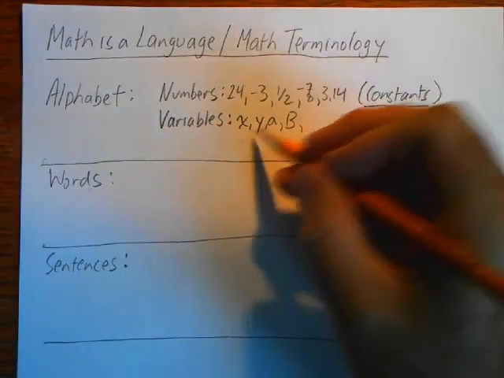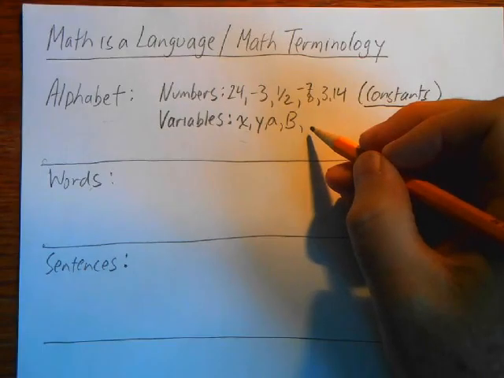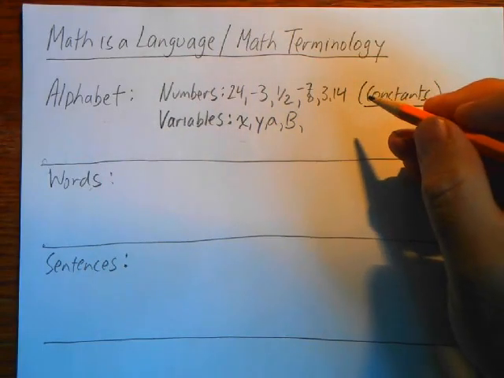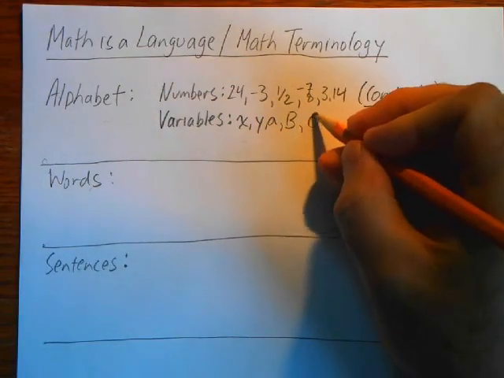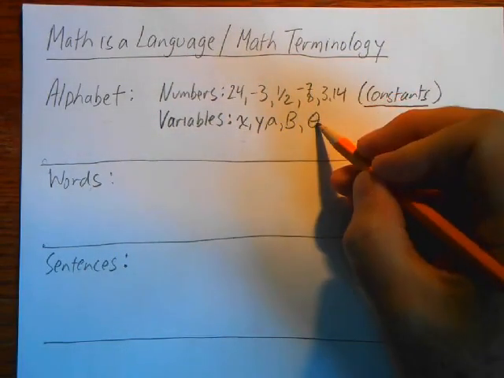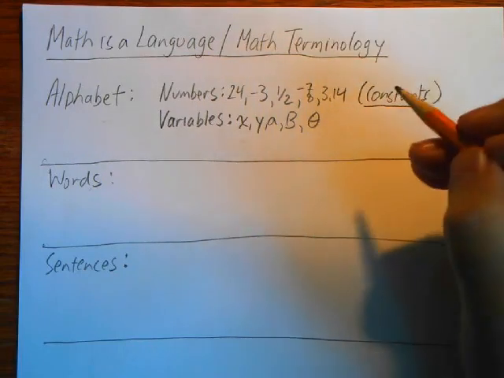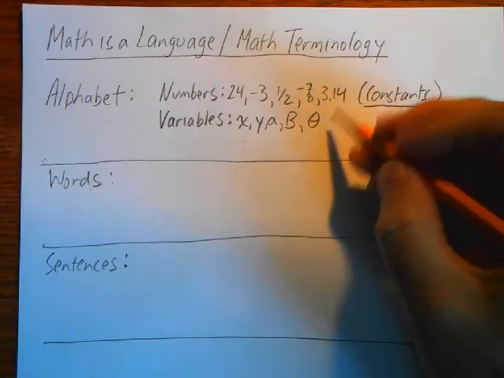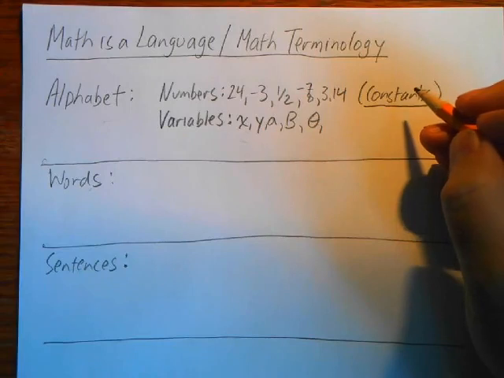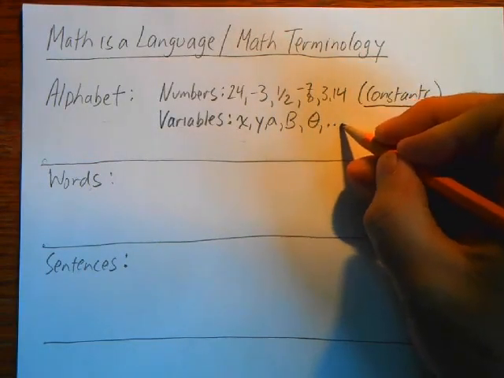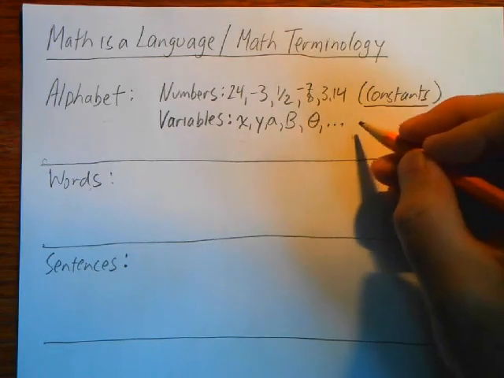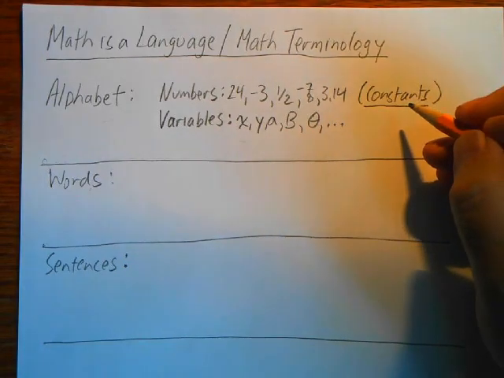Those are the letters part of the variables, but it's not confined to the English letters. We also use Greek alphabet letters. Like this symbol here is called theta, and you're going to see that later in the course. Theta is kind of a variable that's used to represent an unknown angle, okay? But it can be any letter from any alphabet. It could be a box, square box.